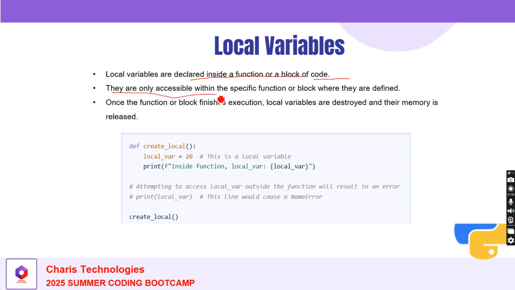When you talk of while loops and for loops also, they also have local variables, because any variable declared under a block of code, be it function, loops or conditionals, is a local variable. It is not available everywhere in the code, right? So once the function or block finishes execution, local variables are destroyed and their memory is released.